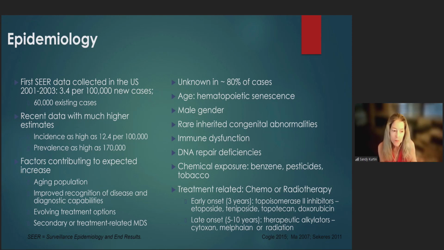As we are doing bone marrow biopsies and asking questions about the bone marrow sample, including cytogenetic and molecular abnormalities, we're better able to identify these diseases that may have obscure dysplastic changes just by morphology. So a lot has happened in our ability to recognize the disease. And then we know that, unfortunately, we are seeing many more cases of treatment-related MDS and AML in individuals who've been treated for other malignancies. So unfortunately, that group continues to rise.